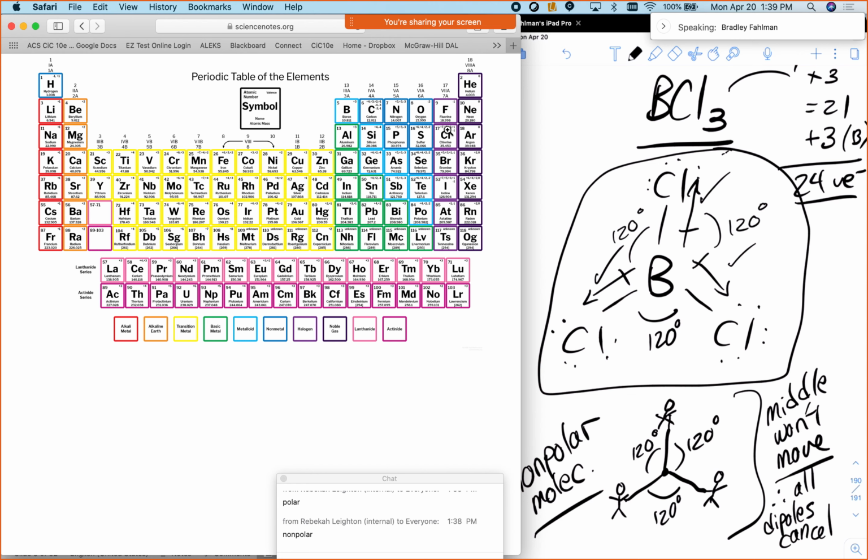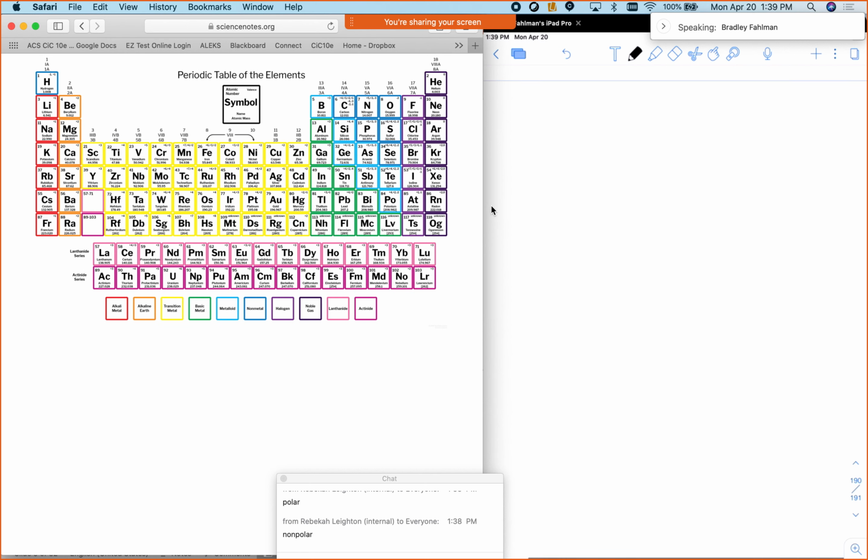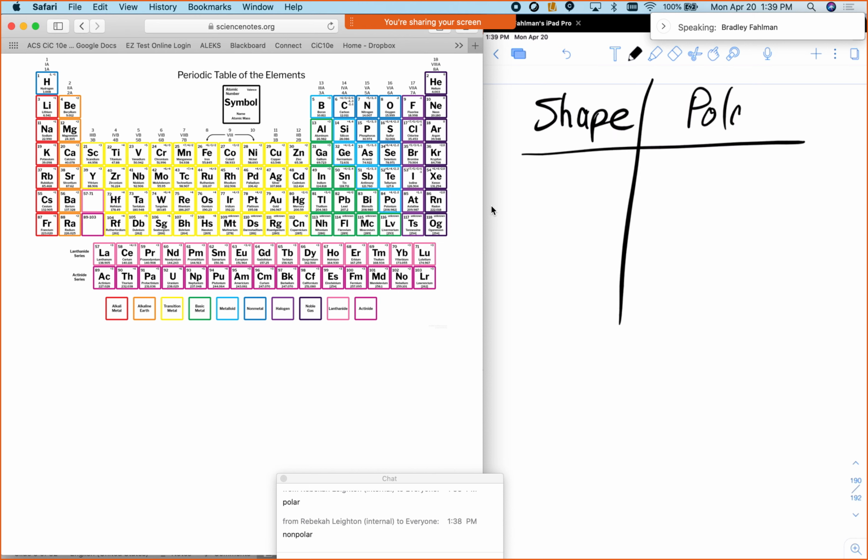For the trigonal planar, to get a tally going here, we'll track shape and then polarity. For shape, we are going to assume that they are symmetrical, so you have the same atoms on either side of those bonds. We looked at linear, that was nonpolar.